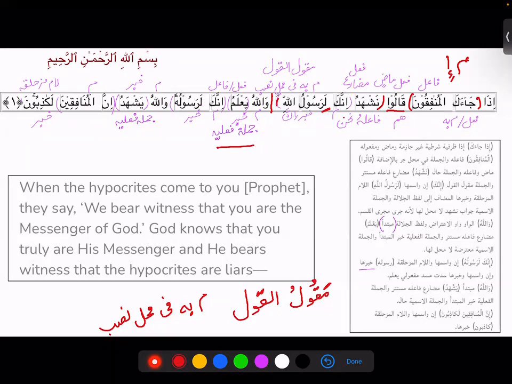And then innaka la rasuluhu, one way to look at it is to say this is mafulun bihi. What does Allah subhanahu wa ta'ala know? That for sure Prophet Muhammad sallallahu alaihi wasallam is his messenger. So, fi mahalli nasab. And then we can further break down: innaka is the mubtada and la rasuluhu is the khabar.